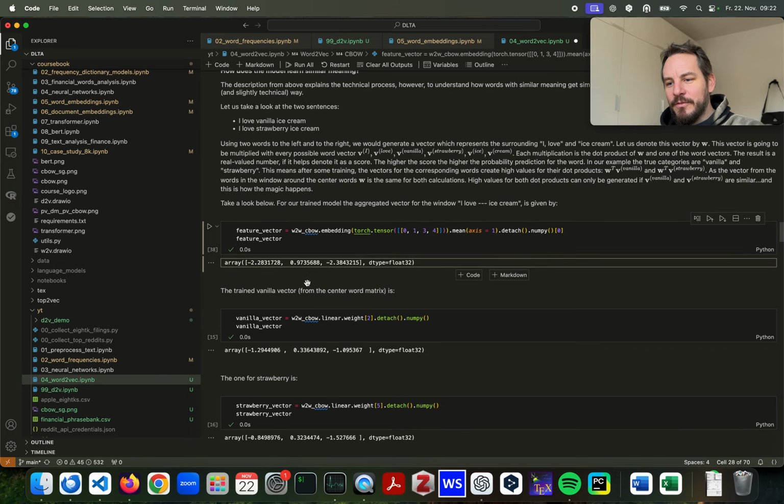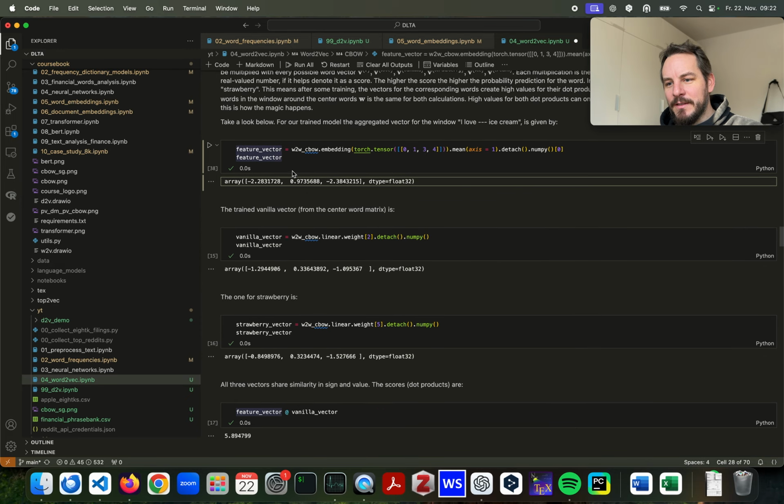The dot product of two vectors is the element-wise multiplication and then just summing them up. If you take a look at the feature vector, how could you create something like this?